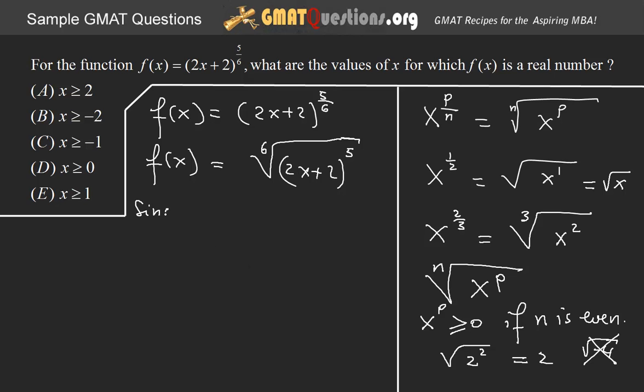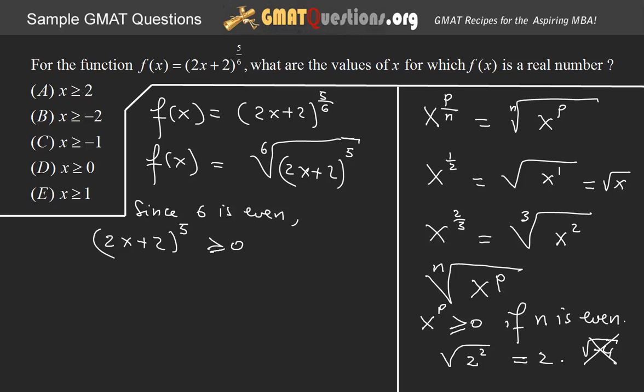Since 6 is even, 2x plus 2 to the power 5 has, actually, instead of saying this, let's write down mathematically, must be greater or equal to 0. Absolutely. And that's what I was trying to explain here.